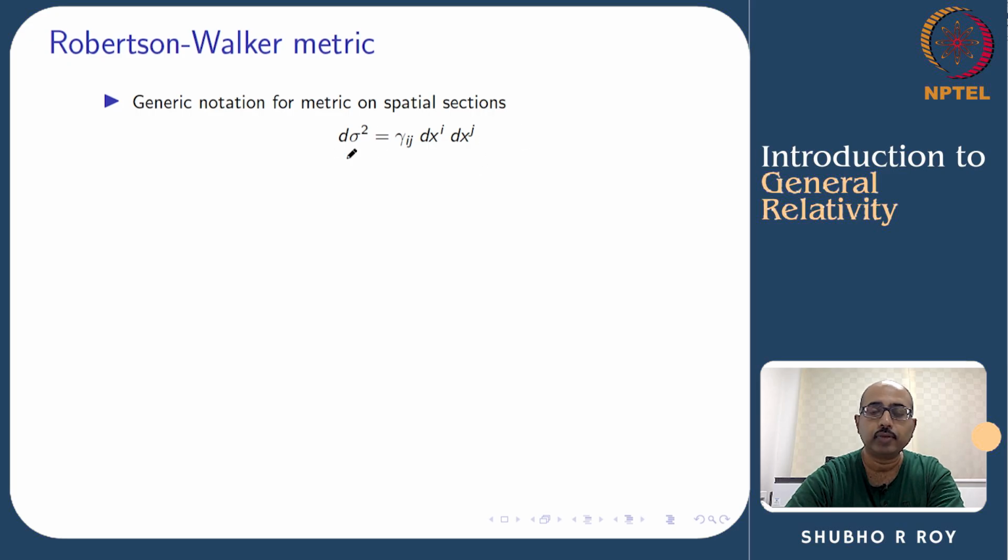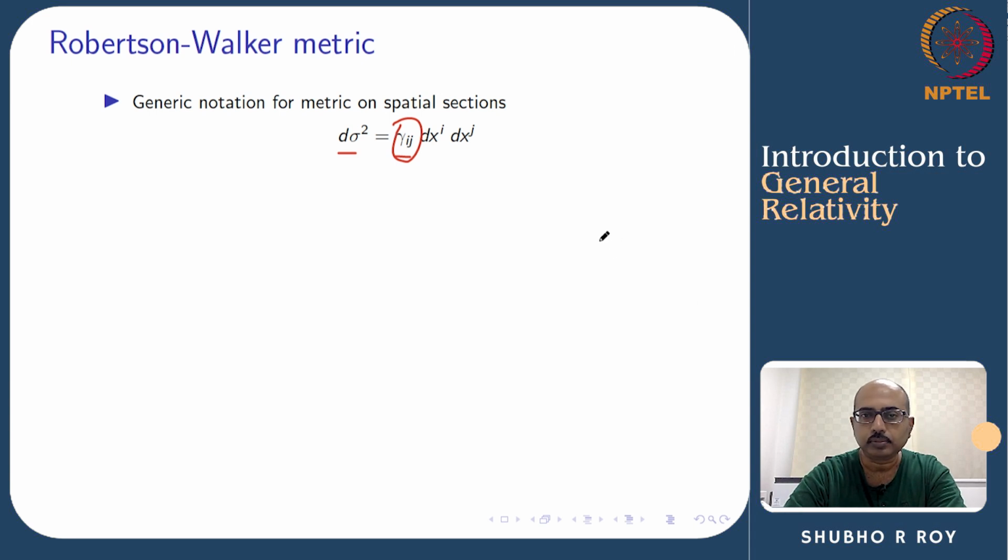Before we do that, I just want to introduce some notation. The spatial metric d sigma square, I will write using whatever abstract coordinates you want, dxi dxj, and gamma ij would be the component. So gamma ij I will use to imply the metric on the spatial sections.